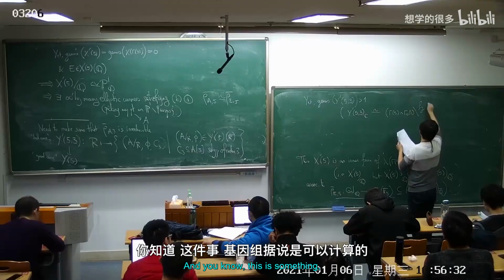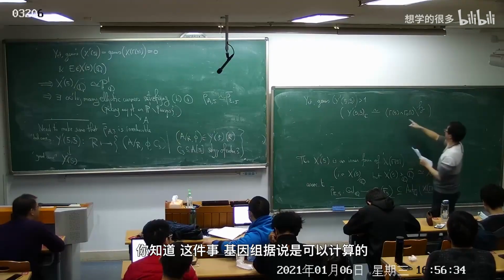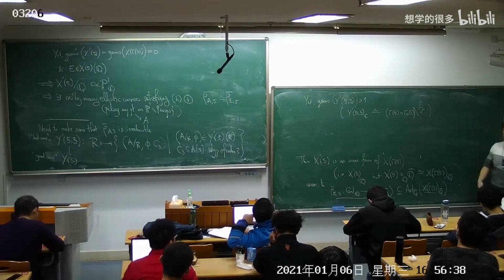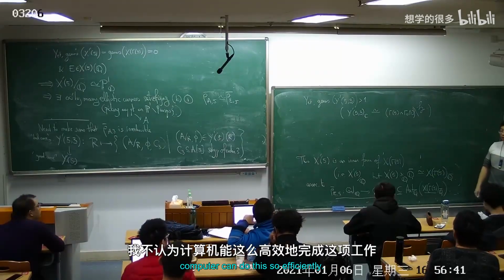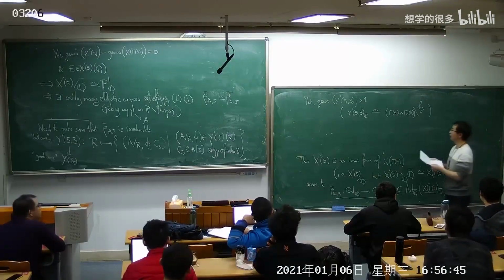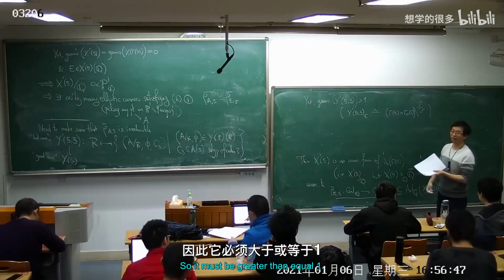The genus of this quotient is something supposedly computable. I don't think a computer can do this so efficiently; you have to do it by hand. Anyway, nonetheless, this is something you can compute, so it must be greater than or equal to 1.